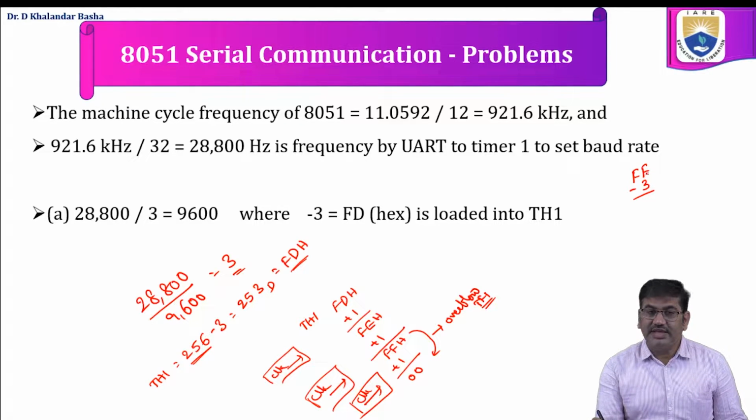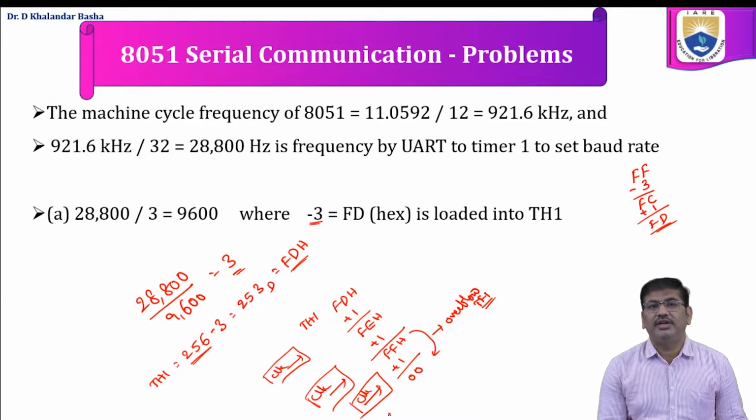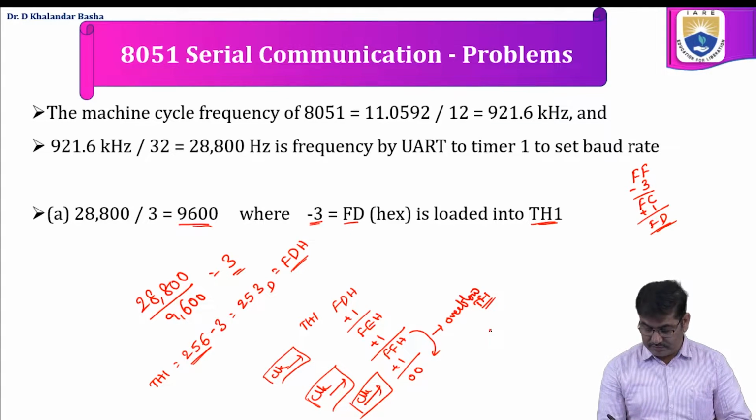F is 15, 15 minus 3 is 12, that will be C. F, as the count is starting with 0, we add plus 1, which generates FDH. So this is the equivalent of minus 3. Any one of these we can remember. So the value which we want to load into the TH1 register for 9600 baud rate is FDH.